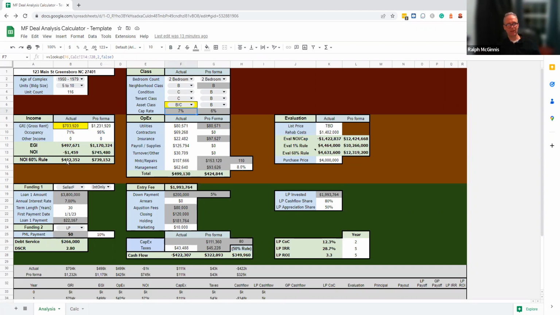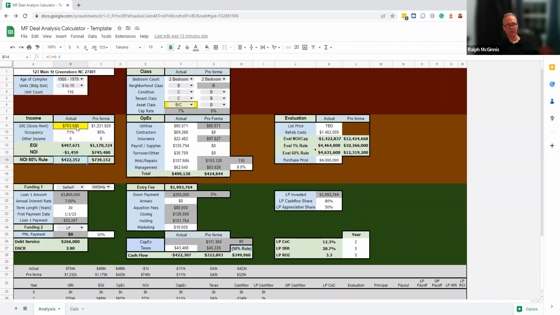So if you take, like over here, the NOI divided by, we're not going to use this NOI. Over here, this NOI is this 60% rule. The 60% rule means that if you take the gross rental income times 0.6 or 60%, that's what the NOI really ought to be.